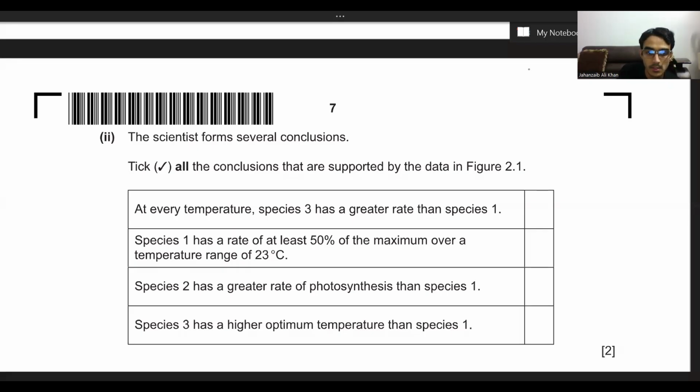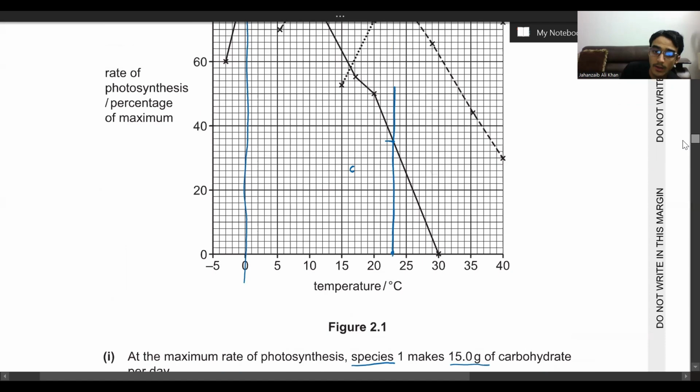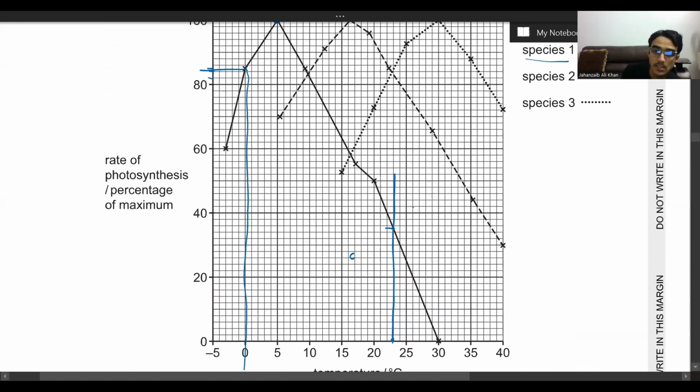And species 2 has a greater rate of photosynthesis than species 1. Again, let's go back to the gradients. The last: species 3 has a higher optimum temperature than species 1. This is for sure correct, because species 3 was thriving at a much higher temperature. And let's see for species 1 and 2.